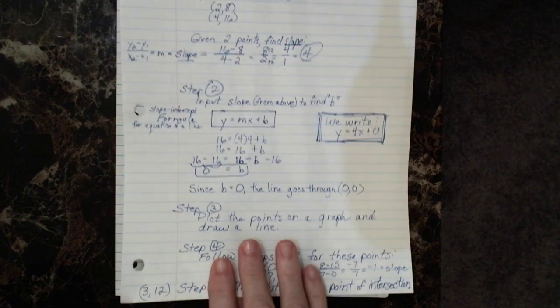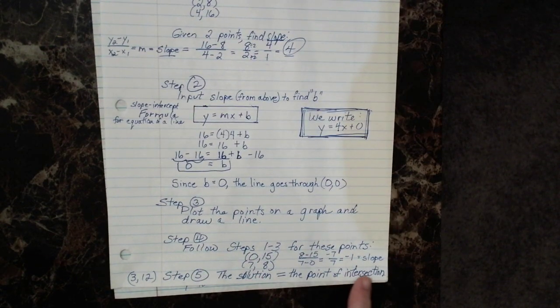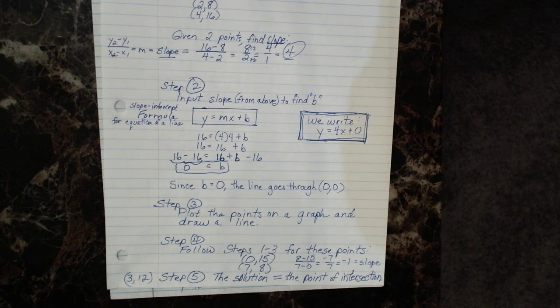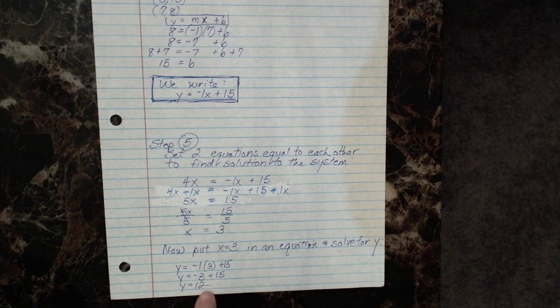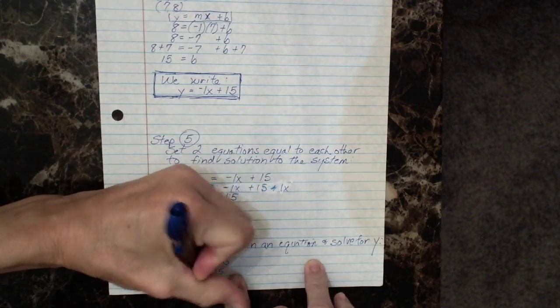So we go to our final step. The solution equals the point of intersection. So where both of those y's equal each other is at the point 3, 12, which we just found back here. Here's our 3, here's our 12.